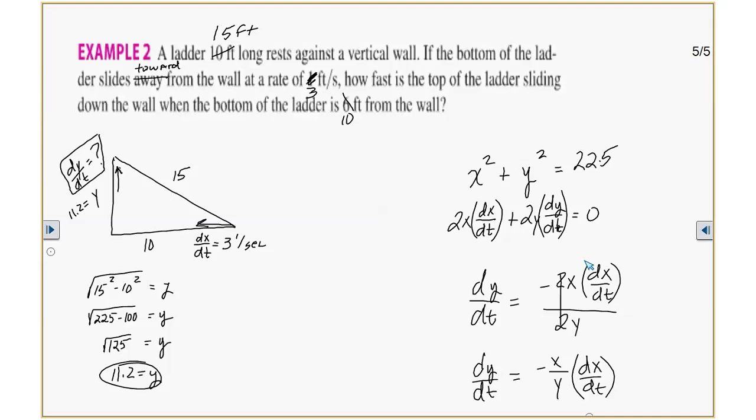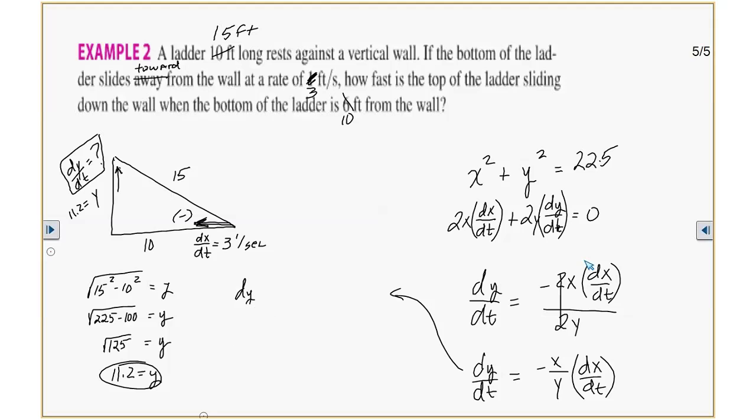Now, which way is this being pushed? So that means it's negative. So now we've got everything we need for dy/dt.